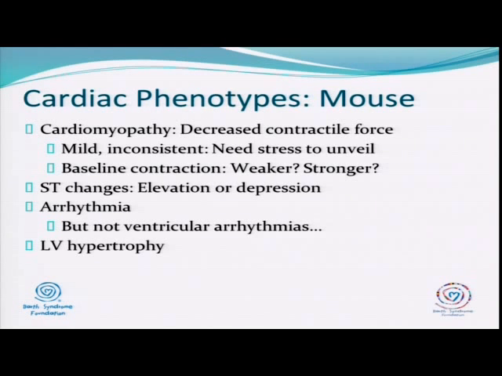The other cardiac phenotypes that we see, ST segment changes, elevation or depression. I didn't quantitate the data here in these slides, but it's at least 50%. 50 to 70% of our TAZ mice under stress echo will have ST segment elevations. It's a much, much lower percentage in the wild type. Arrhythmias can occur, but they're not the ventricular arrhythmias that you might expect in a Barth patient.